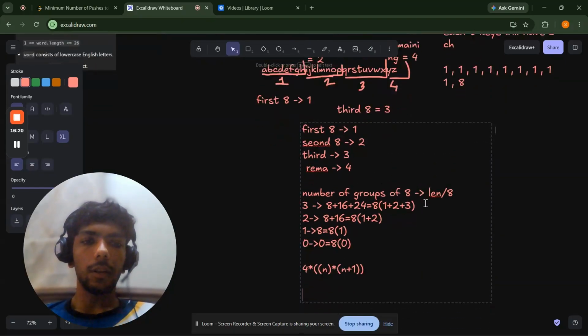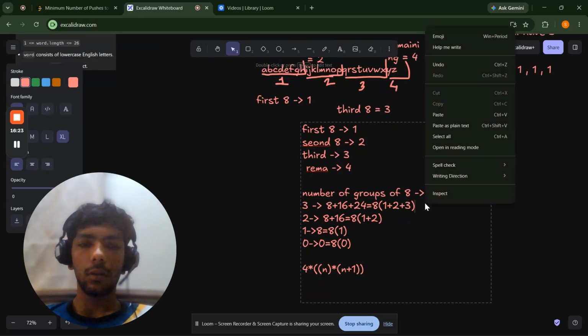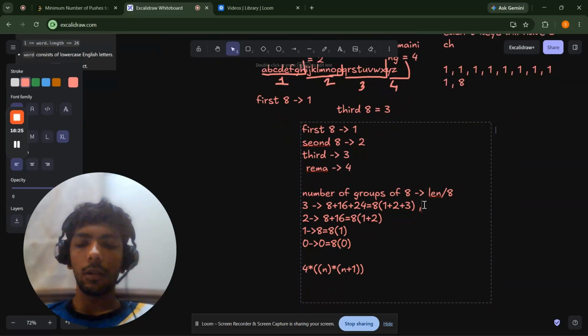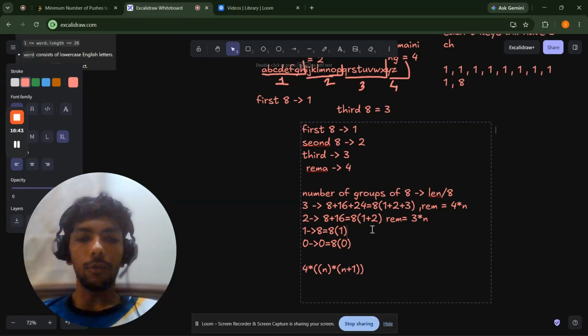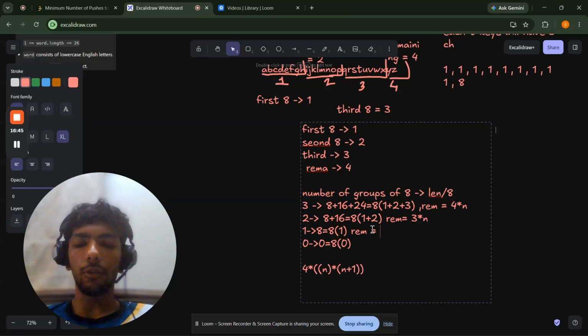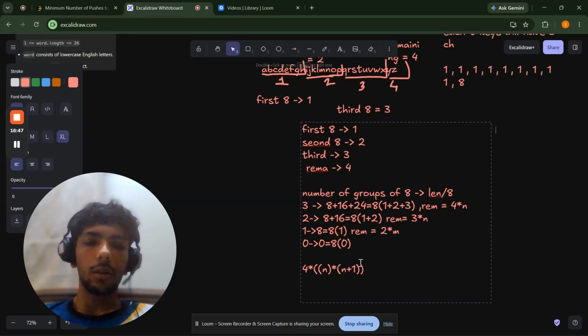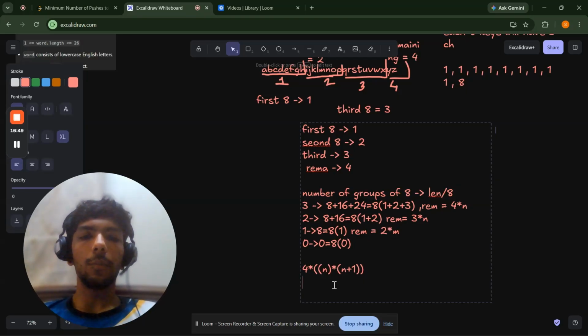And for the remaining, if there were three groups, the remaining will require 4 multiplied by this. If there are three groups, the remaining will require 4 pushes. If there was one group, the remaining would require 2 pushes.